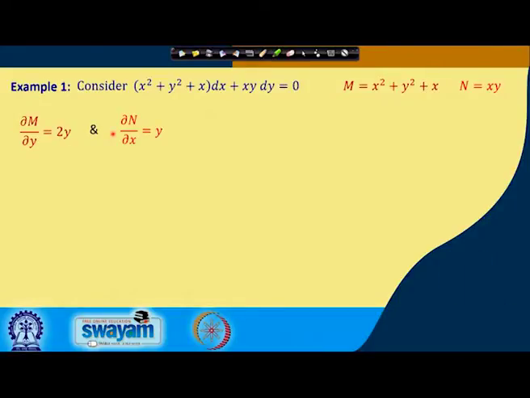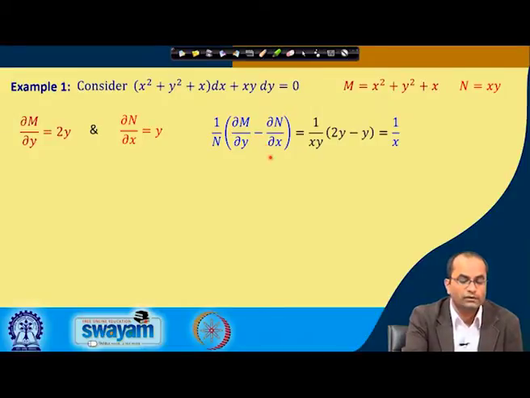So, naturally these two are not equal, but what we observe in this case, from the previous discussion in which we derived those conditions, is the following. 1 over N of del M over del y minus del N over del x, when we divide by N, what are we getting? N is x y, and here we have 2y minus y.